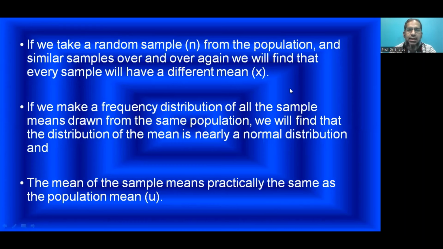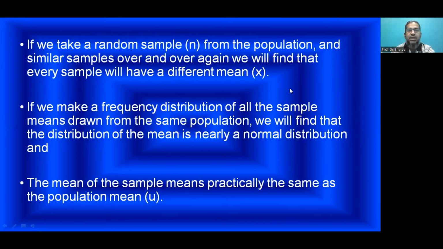Now let us understand the concept of the standard error of mean. If we plan to do a study on prevalence of blood pressure in a village, we take one sample of 100, record the blood pressure, and then find out the mean. This is mean 1, x1 bar.